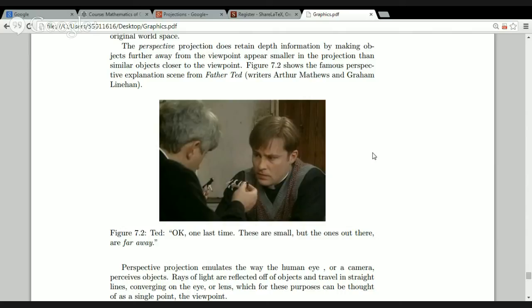But they were on holiday one time, and they were stuck in this awful holiday park in this horrible caravan in terrible Irish weather. They were stuck there for days and days, just bored out of their minds. And one thing that Ted tried to do is he tried once again to explain the notion of perspective to Father Dougal, who didn't understand perspective.